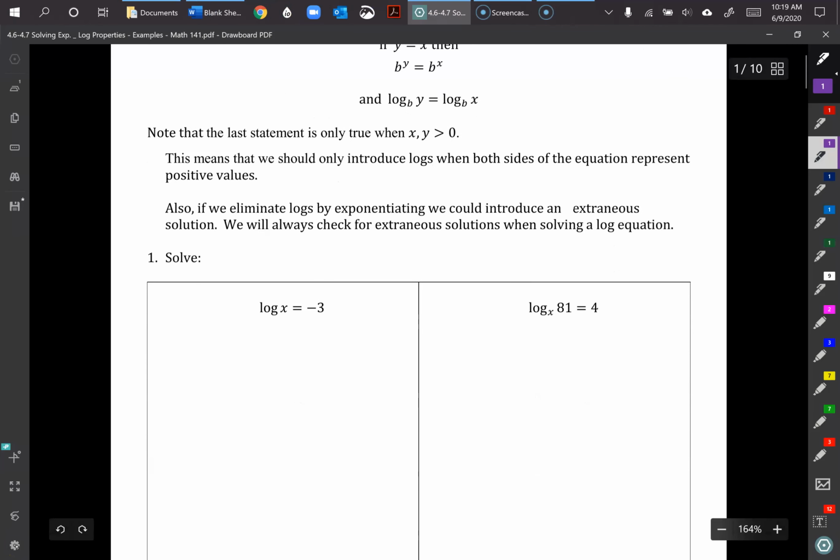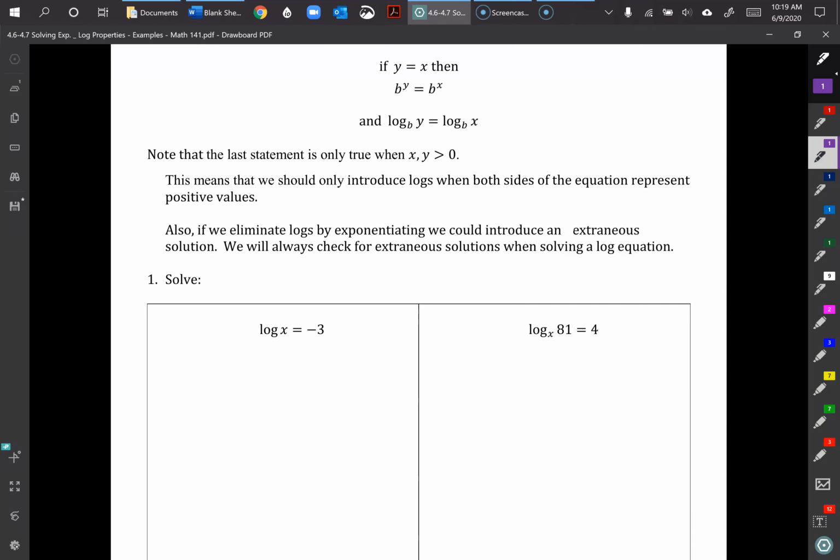And this, I think, is the fun part. You get to use your skills, your properties, and play with it. It's sort of like a puzzle, if you think of it that way. Like, how can I manipulate this to get what I want? So if I have log base, it looks like it's a base 10, right? So common log, because there's nothing there, of x equals -3.